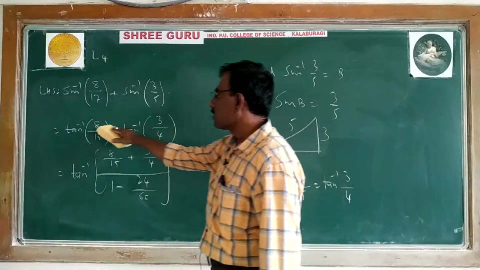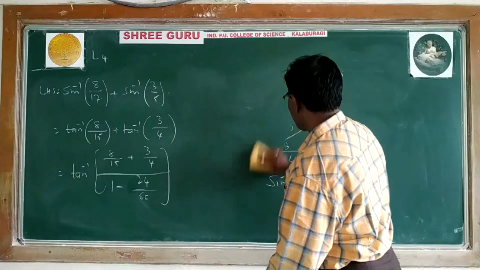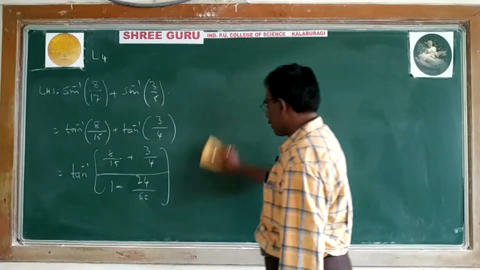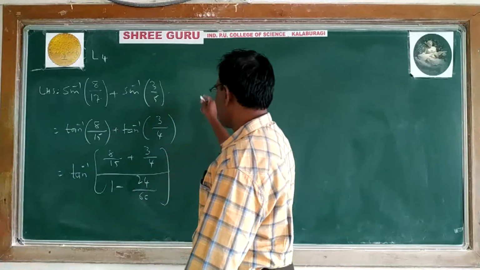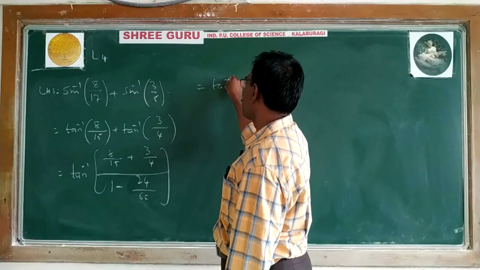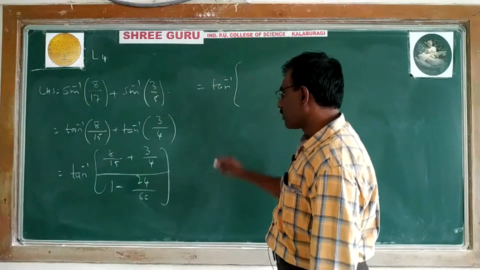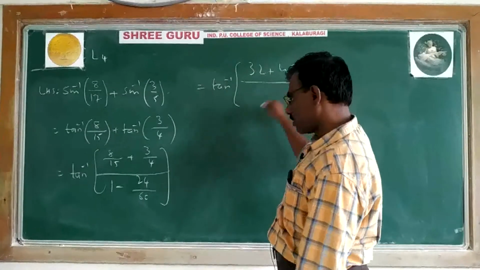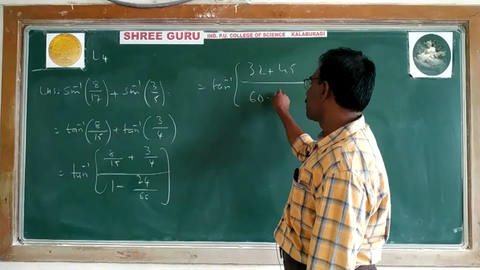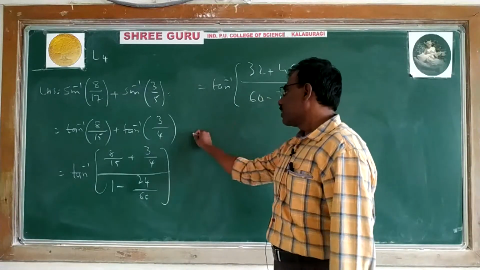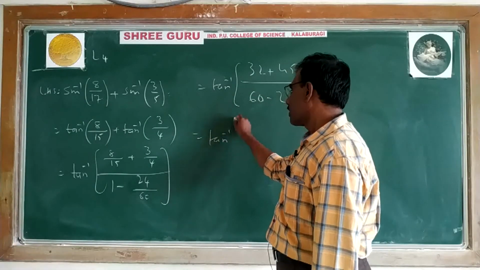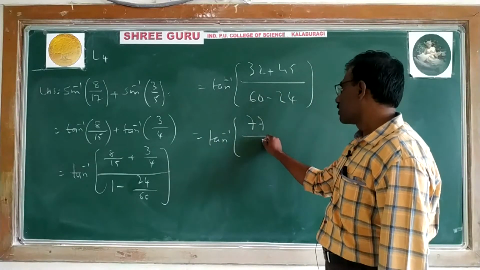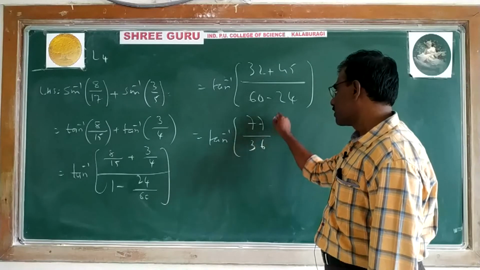This is x, this is y. Better take the LCM: tan inverse of (32 plus 45) divided by (60 minus 24), and tan inverse of 77 by 36.